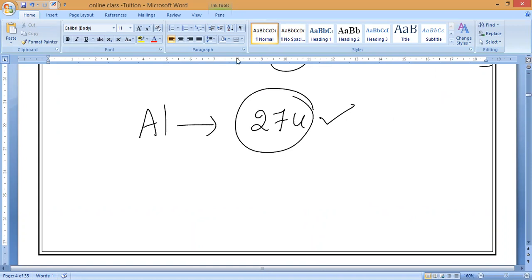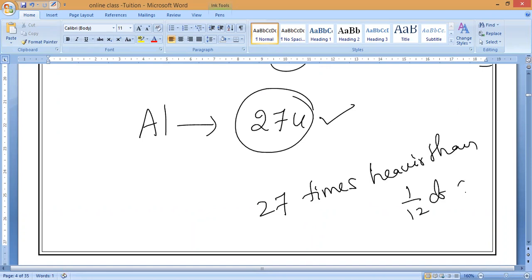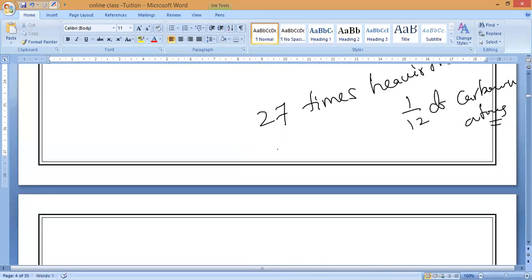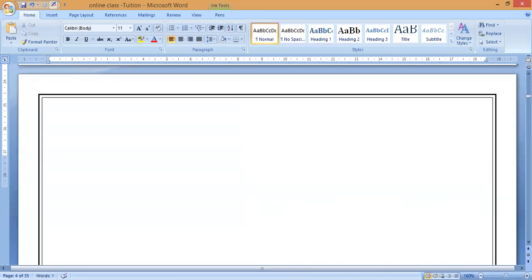Heavier. 27 times heavier than what? 1/12 of a carbon 12 atom. Do you understand, guys? I hope all understand this concept; it is very important. This is where people get confused. Any doubt? No, sir.